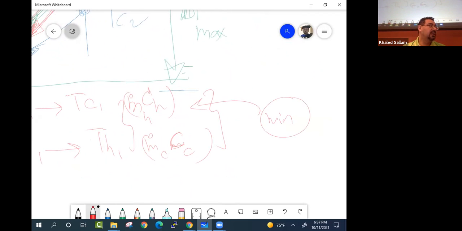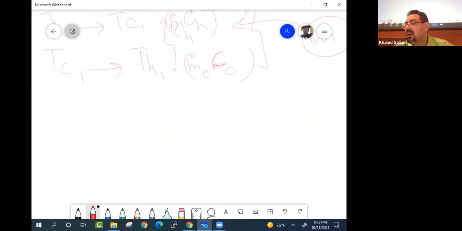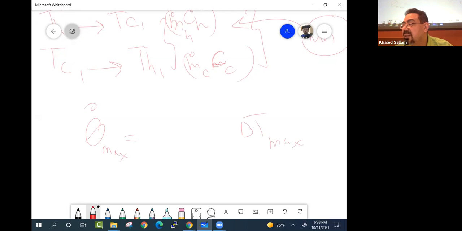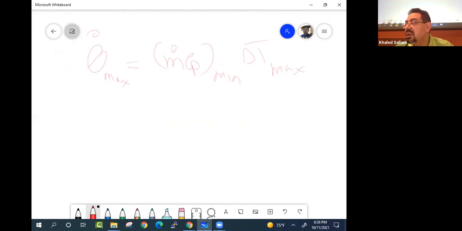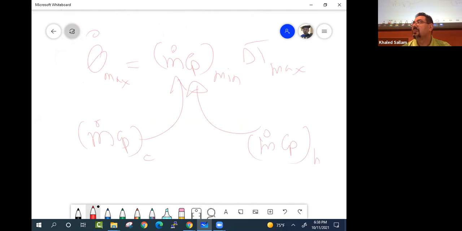Okay. So in order to find Q dot max, it's not just delta T max, it's delta T max multiplied by M dot CP minimum. So you start the problem by figuring out which one is the minimum: is it M dot CP cold or M dot CP hot? Step one is to figure out who is the minimum.